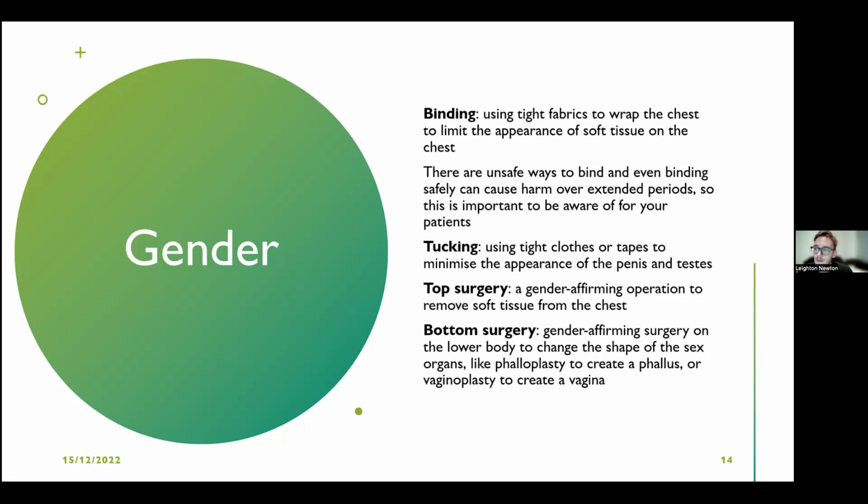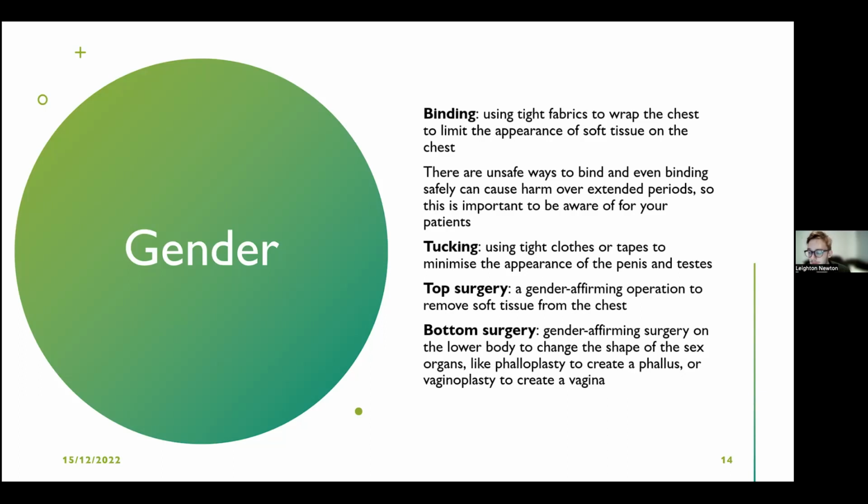And you've got some kind of practical things. So binding is using tight fabrics to wrap the chest to limit the appearance of soft tissue on the chest. Lots of trans masculine people do this because that's an area that can be dysphoric. And this is important for us to be aware of because there are very, very, very unsafe ways to bind.